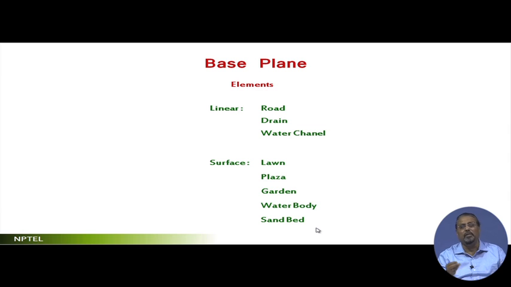Think of anything. I have just given you a few examples. A host of examples you can find out yourself. I did not want to clutter this with the lots of examples that are available. These are the elements I have picked up here, which become very easily perceivable by you. Okay, that is the base plane.